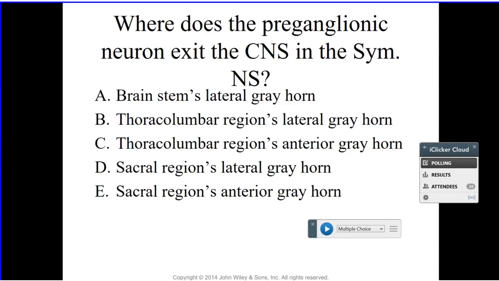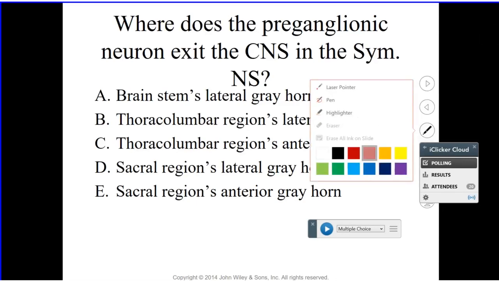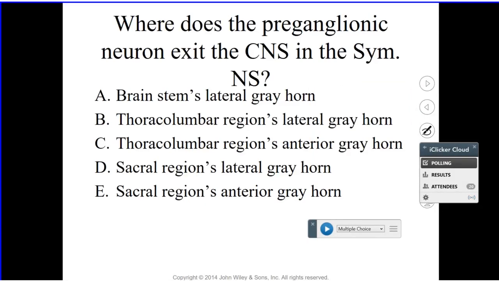Now, this was something where you would have to put together something we went over in the spinal cord with what we did today. So the sympathetic system, is that craniosacral or thoracolumbar? Look in y'all's notes. We went over this today. Thoracolumbar. So your sympathetic system is thoracolumbar. So what 3 answers can we automatically get rid of?